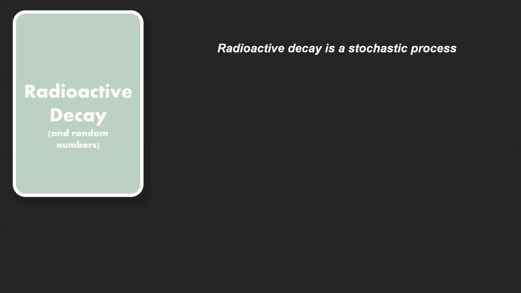So we cannot predict with precision, or we cannot predict at all, when a single atom is going to decay, because that's impossible. Radioactive decay is random.